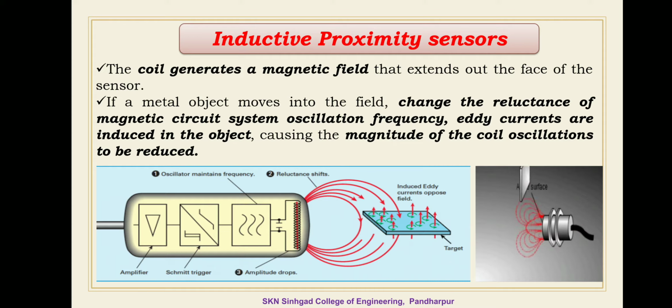If a metal object moves in the field, the reluctance of the magnetic circuit and the oscillation frequency change, and eddy currents are induced in the object. That's why the magnitude of coil oscillation is reduced. This is simply the working principle of the inductive proximity sensor.